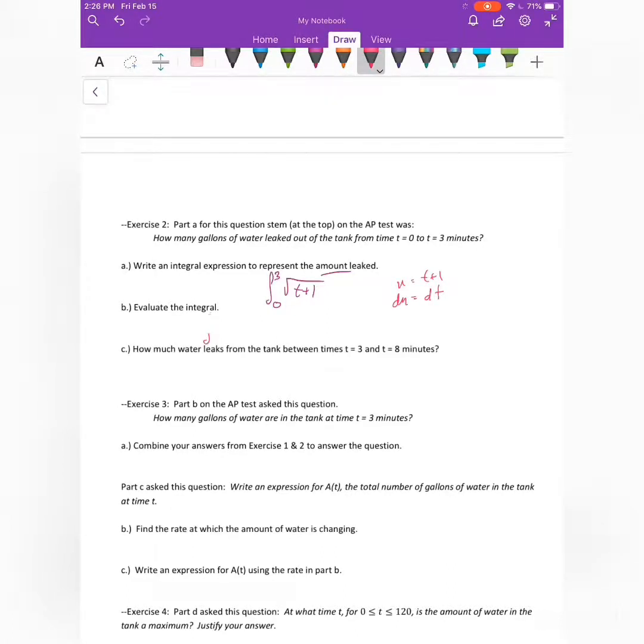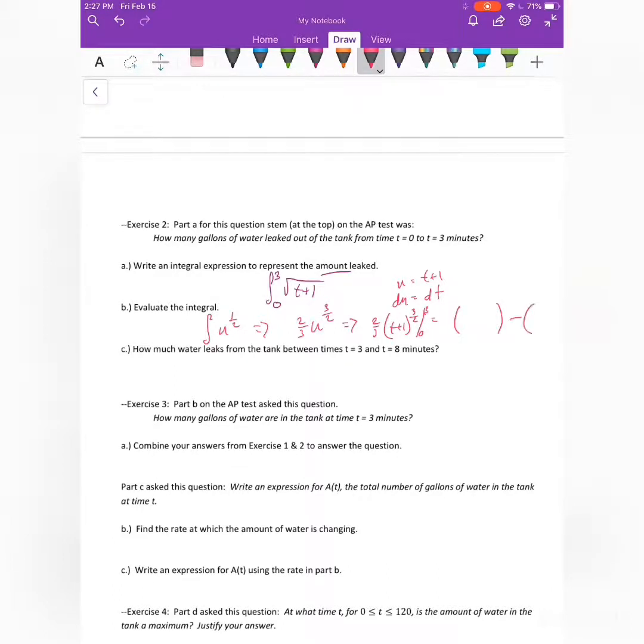So technically what we have is the square root of u, but I'm going to rewrite that as u to the 1/2, and that will go to u to the 3/2 times 2/3. And we need to evaluate that from 0 to 3, but before I do that, I'm going to plug my u back in. 2/3 (t plus 1) to the 3/2 evaluated from 0 to 3.